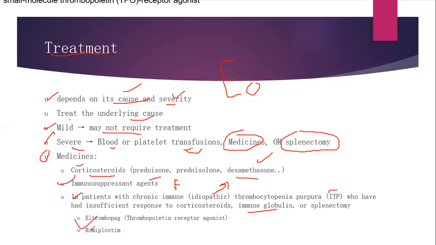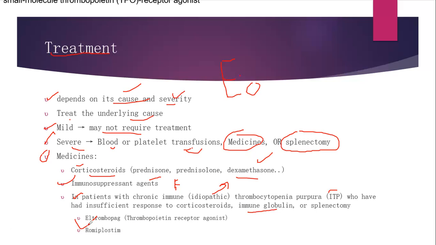Another approach is the use of romiplostim. That is actually the factor that stimulates the erythropoietin. No, sorry, the thrombopoietin, which is secreted by the kidney or the liver, and then that thrombopoietin plays a role in the hematopoiesis process or platelet production.